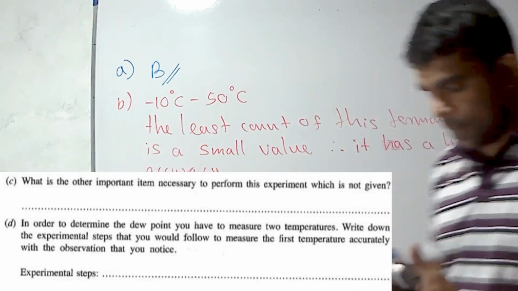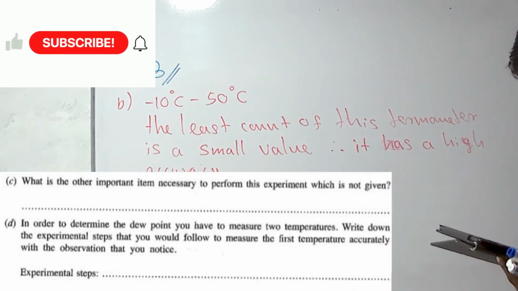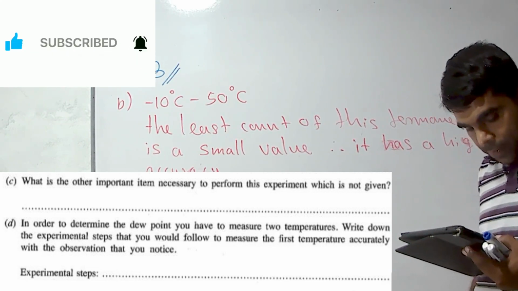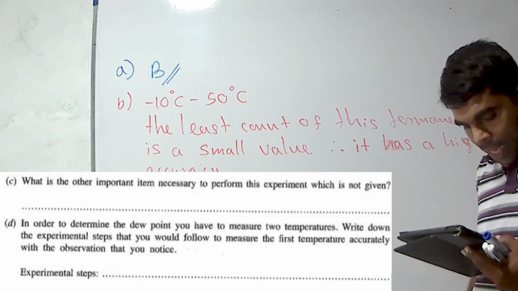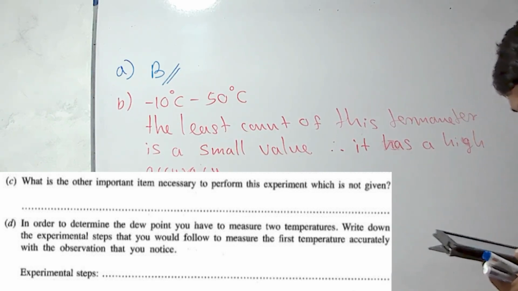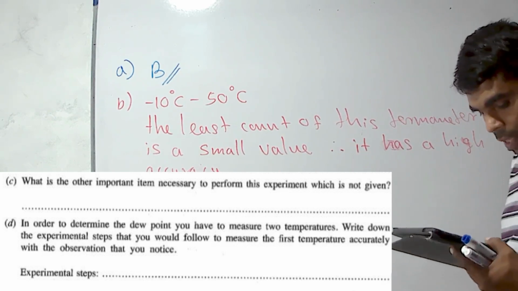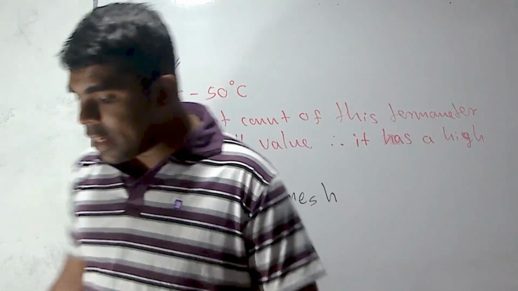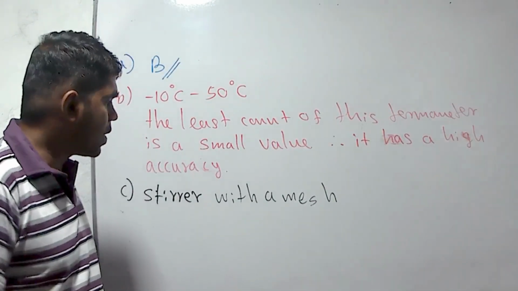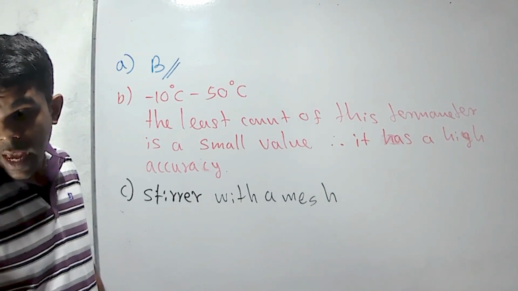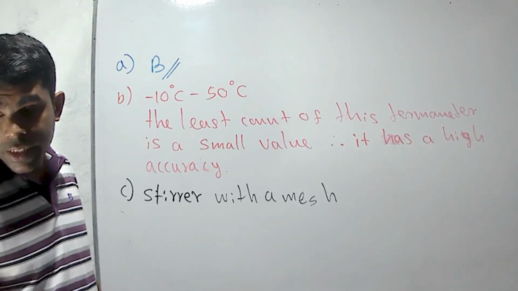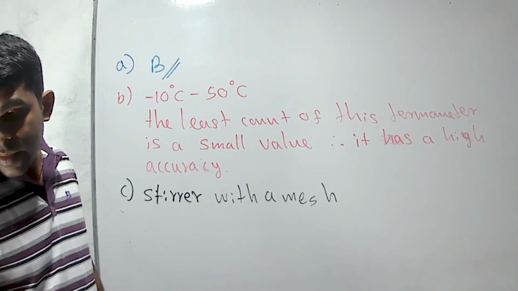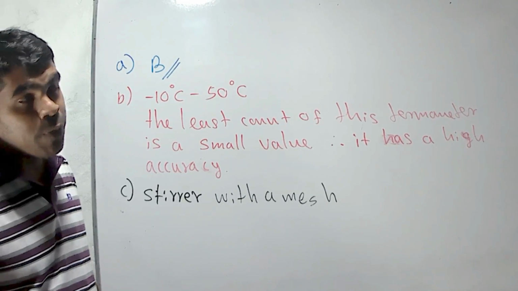Then part D, in order to determine the dew point, you have to measure two temperatures. Write down the experimental steps that you should follow to measure the first temperature accurately with the observation that you notice. We have to add one piece of ice to the calorimeter with water, and then we can stir well to melt ice in water.